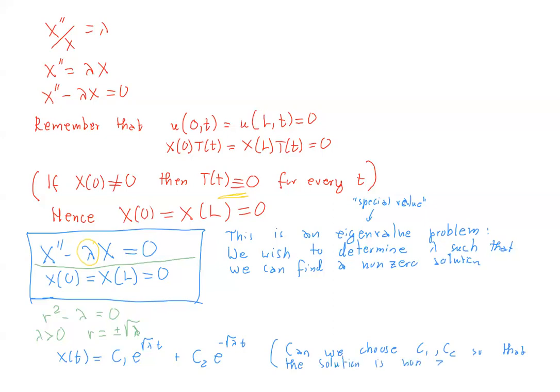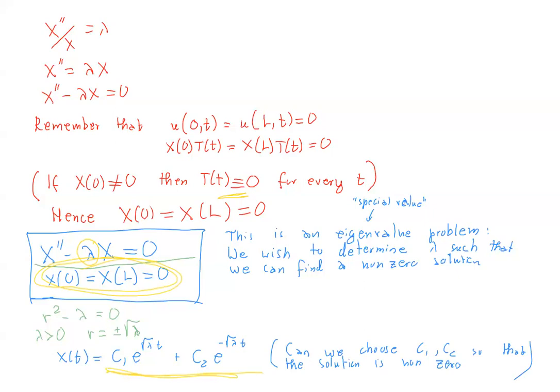And what's the problem? The problem is, and don't forget, that we need to be able to satisfy this condition right here. It's easy for anyone to find the solution. Okay, that's not the big deal.